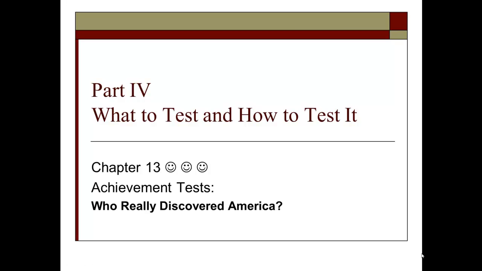So now we begin part 4 of the text, what is to test and how to test it. Chapter 13, what we're going to look at is achievement tests. Normally we give achievement tests to students at the elementary and high school level, and so we're going to begin a little study on achievement tests in chapter 13.